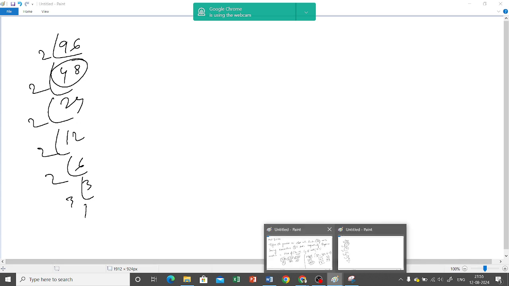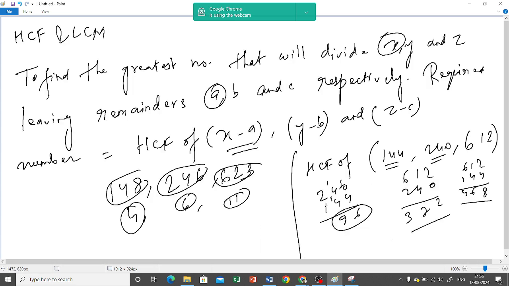Does 48 divide 144? Yes, 48 into 3. Does 48 divide 240? Yes, 48 into 5.